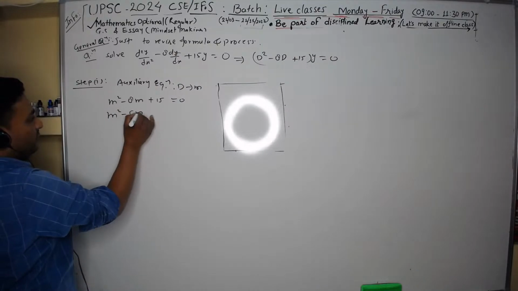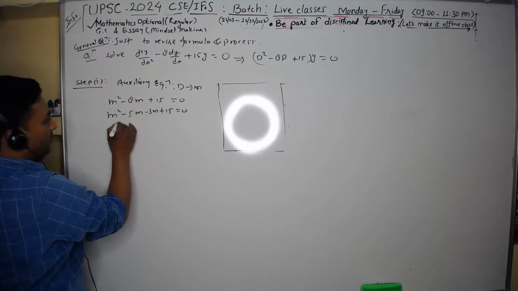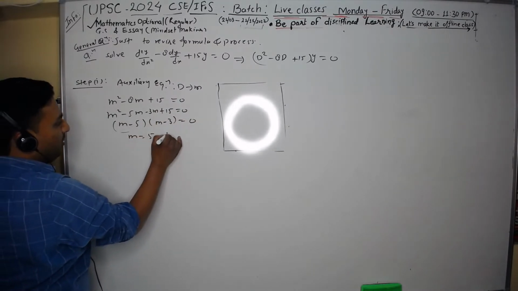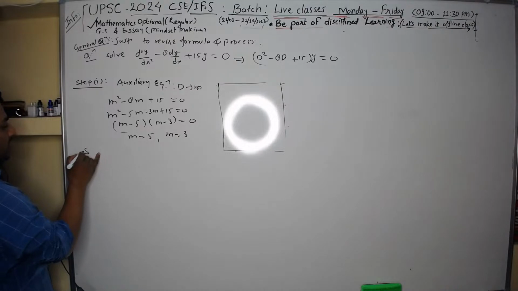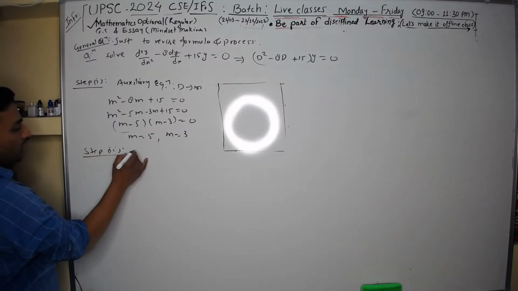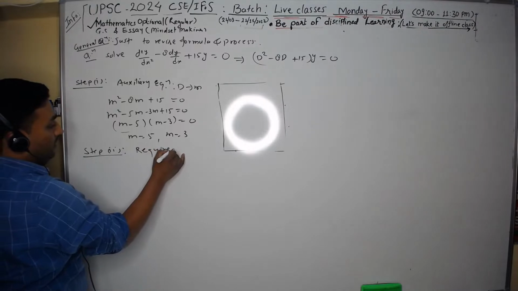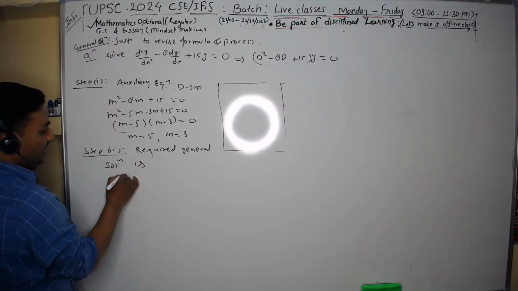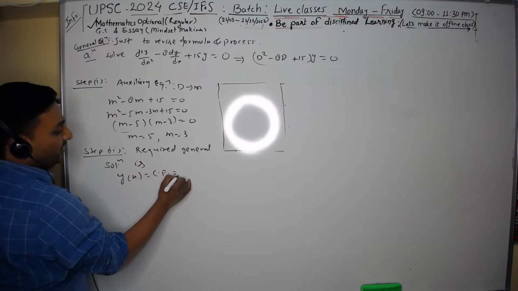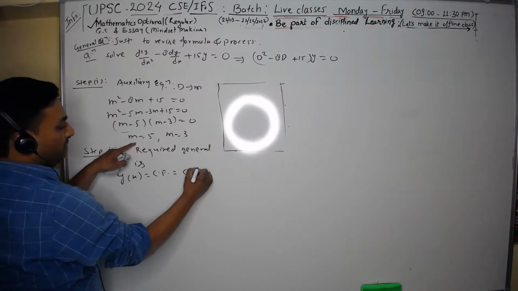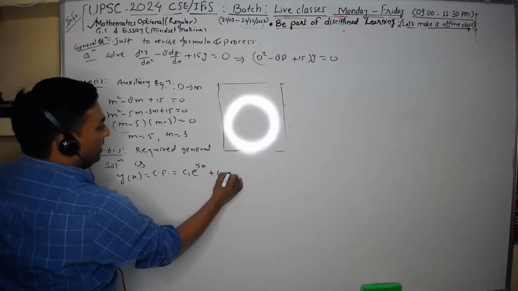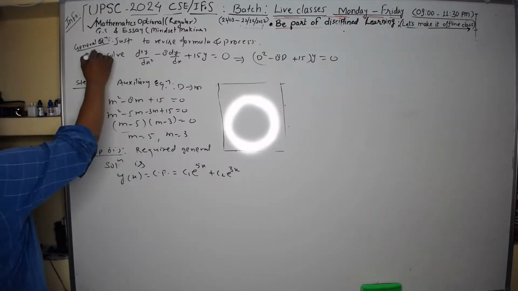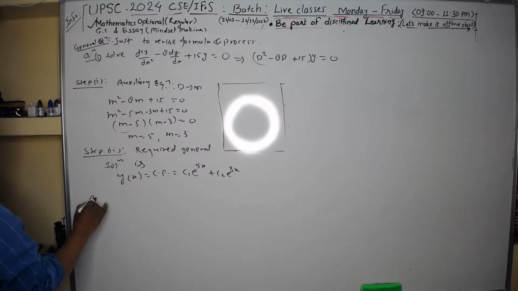This will be m square minus 5m minus 3m plus 15 equals to 0. (m minus 5)(m minus 3) equals to 0, m equals to 5, m equals to 3. Step 2. Required general solution is y of x, that is your CF, C1 e raised to the power m1x plus C2 e raised to the power m2x. So that is just for the process.